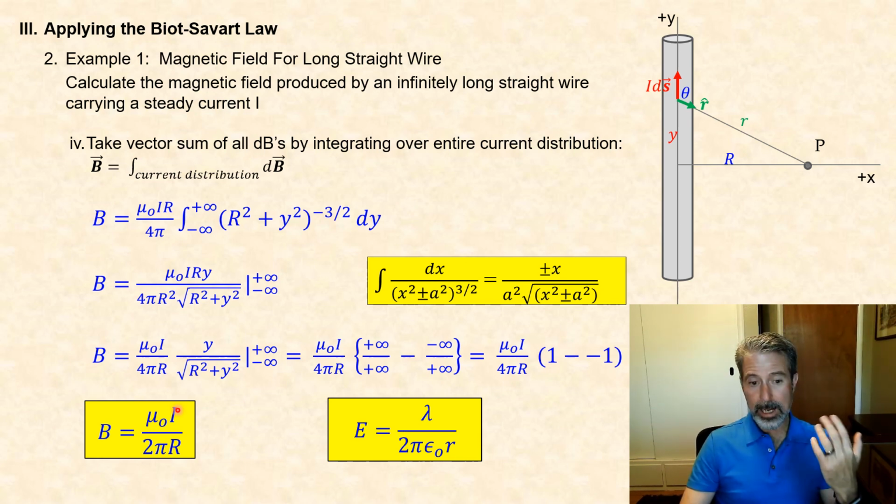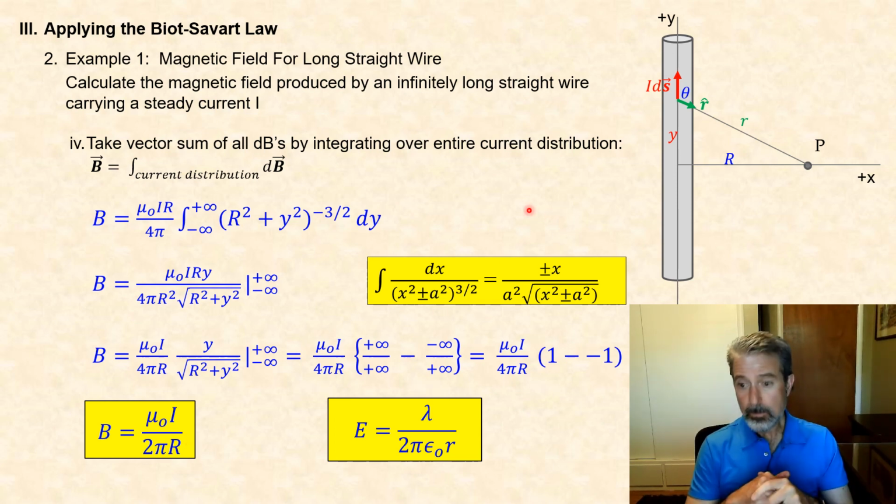So we've got that in common. You'll also notice the inverse relationship to the distance of the field point from the current distribution or charge distribution, whether we're talking about the electric or magnetic field. The electric field goes like 1 over r, in the same way the magnetic field gets weaker as distance goes like 1 over r.